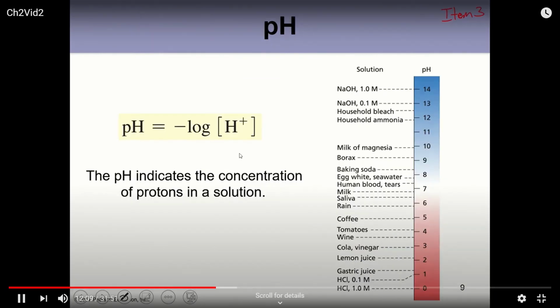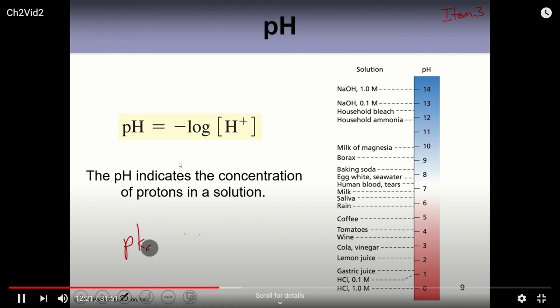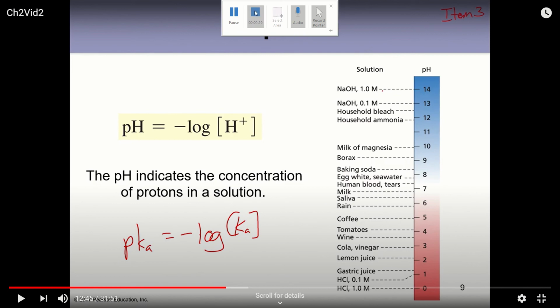For pH, pH is the negative log of H+ concentration, and so it's a measure of how much H+ is present. When pH is very low, the concentration of H+ is very high. For a pH of 14, that is equivalent to 10 to the negative 14th, and so that's indicative that H+ is very low.